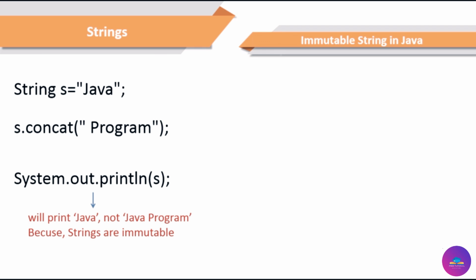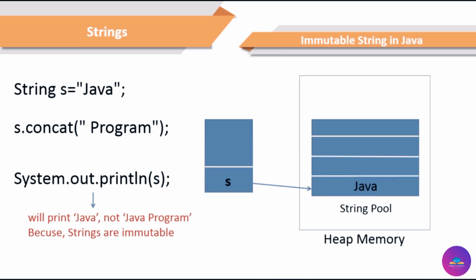So we declare a string object S with Java as its value. This new string instance is created and it's placed in the string pool. So what if we use concat as our method to append the string with the program value at the end? Also, a new object is created and placed in the pool.